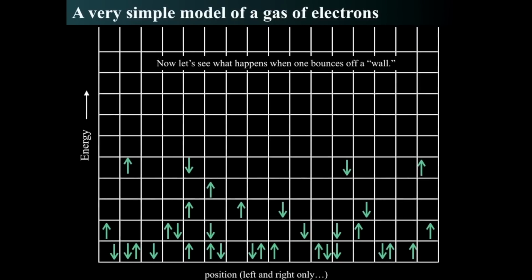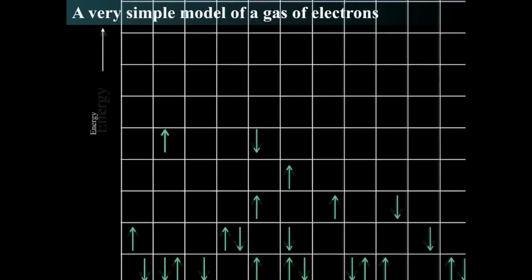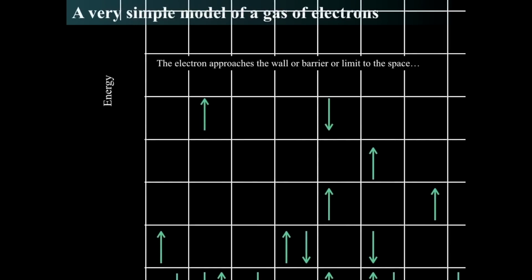All right, so now let's see what happens when one bounces off what we might call a wall. So the wall might be the bottom, or the left-hand side we're going to call it a wall. And so we have an electron goes to a barrier, it hits the wall. Now let's pretend that's actually the bottom. So maybe the electron hits the bottom of the box, or whatever it is, and there's nothing below it.